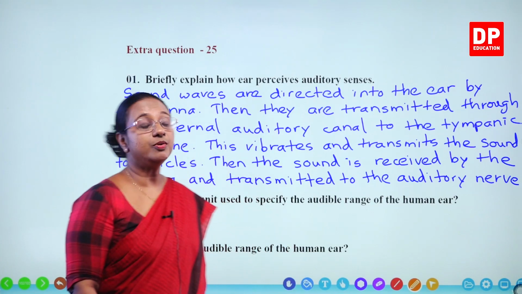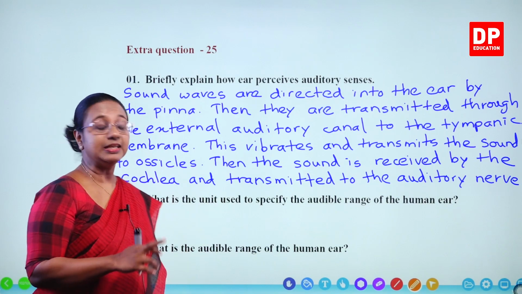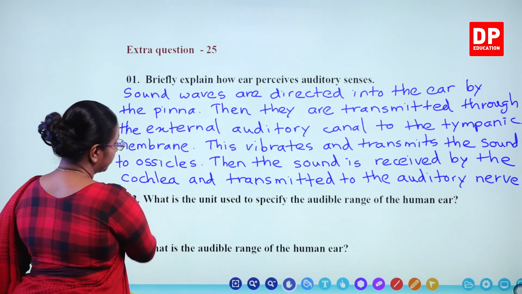So that is how sound is perceived by the ear. Then the next question.